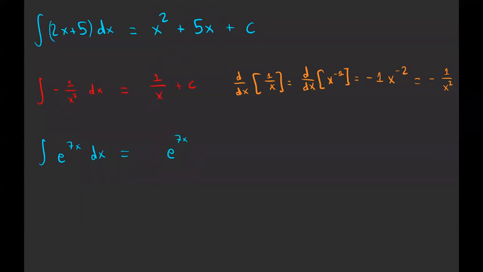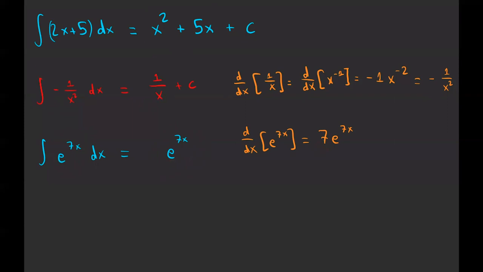If I take a derivative of e to the 7x, and I won't explicitly show all this chain rule, but do know that the chain rule is there, I should get 7e to the 7x. And so it seems like I've got an extra 7 here that I don't want. I'm trying to find something that when I take a derivative of it, I get e to the 7x. And this doesn't work. It gives me an extra 7 here.